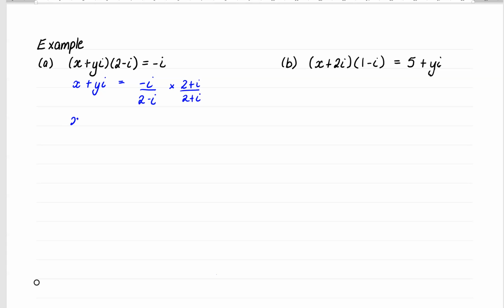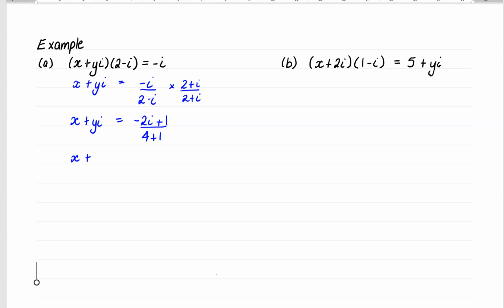Once we do that, minus i times 2 gives minus 2i, and then we've got minus i times positive i, so that's minus i squared, but i squared is minus 1, so minus minus becomes a plus 1. Downstairs we're multiplying by the conjugate, so 2 2s are 4, the middle terms disappear, again minus i times i gives me minus i squared, which is positive 1.